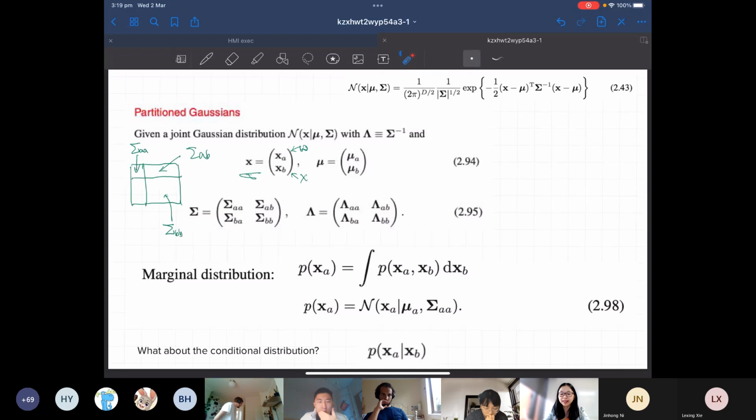So for the next hour, we will be staring at precision matrices and covariance matrices for quite a bit, so bear with me. For now, we just assume that we partition the precision matrix the same way, meaning the first A by A block is the precision matrix for the first component, and so on.